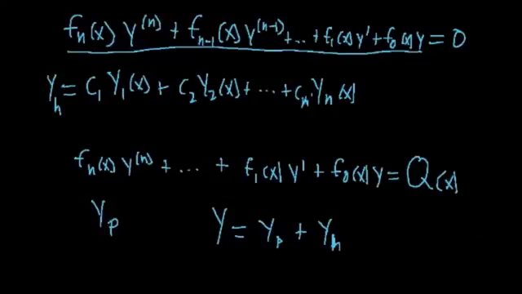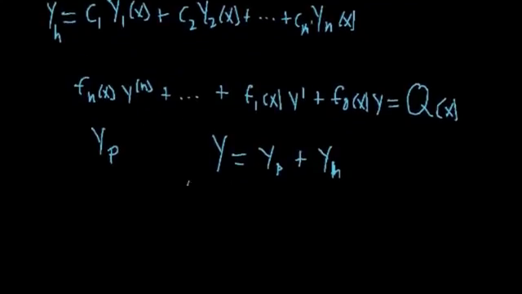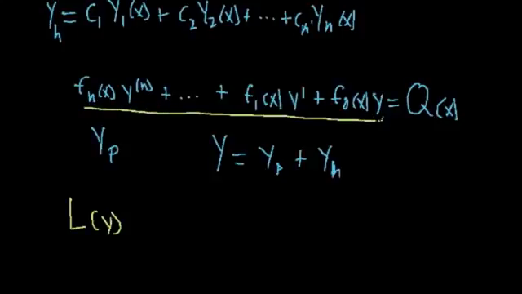So let's just talk about it briefly in abstract terms. I'm not just going to rewrite this differential equation, but I'm going to rewrite it in our linear operator form. So L acting on y represents this differential equation right here. It's fairly long to write out, so I'm just going to do it in the shorthand.